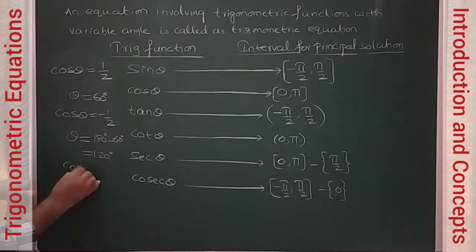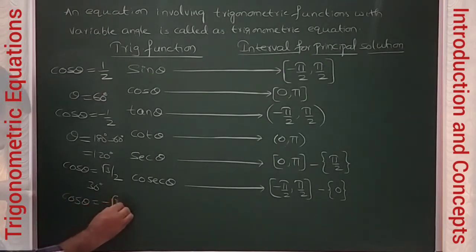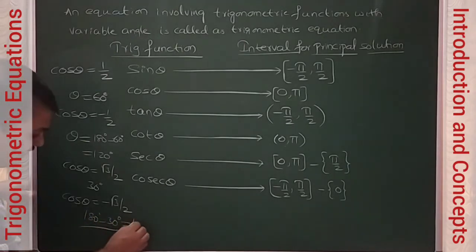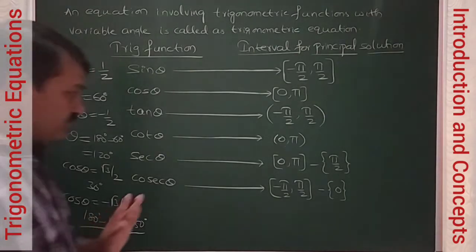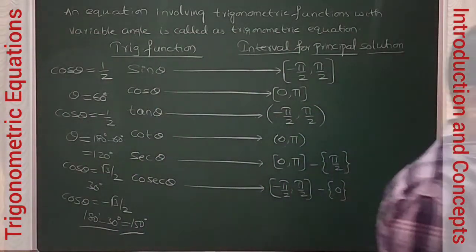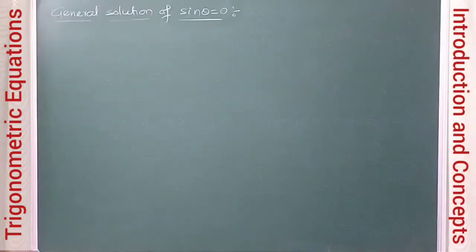For example, cos theta is root 3 by 2, 30 degrees is the principal solution. If cos theta is minus root 3 by 2, 180 minus 30, second quadrant you have to take. So 150 is the principal solution. So this is a simple technique to find the principal solutions of trigonometric functions.